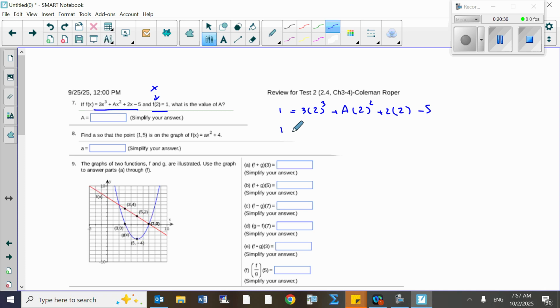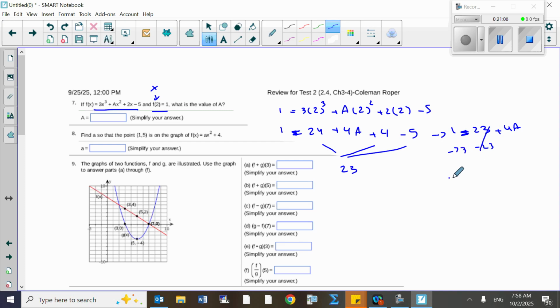This is 1, which will be equal to 24 plus 4a plus 4 minus 5. Now move all the numbers to the other side. So this will be 24 plus 4 minus 5, that's 23. So I have 1 equal to 23 plus 4a, and I move 23 to the other side.